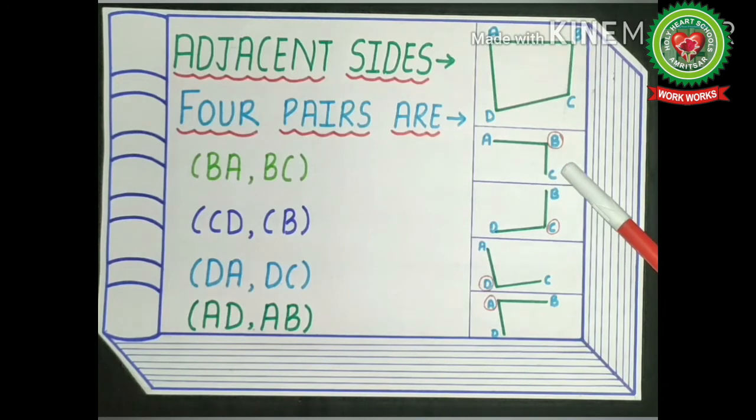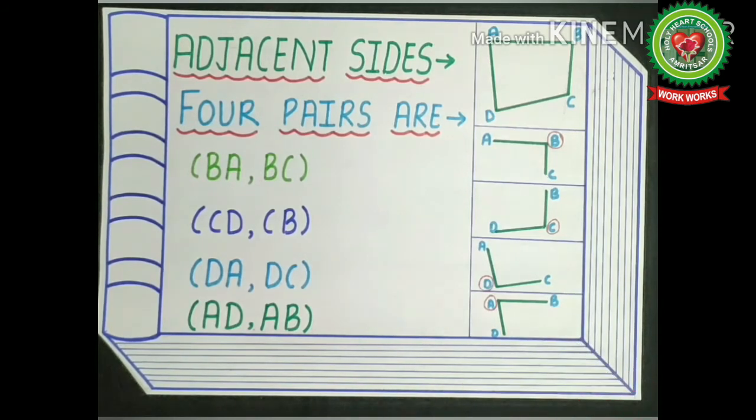In these 2 sides, the common endpoint is B. So these are adjacent sides. Next 2 sides BC, CD. Common endpoint C. These are adjacent sides. In the same way, we can take the next 2 pairs of adjacent sides.